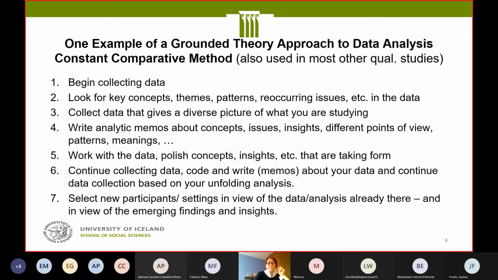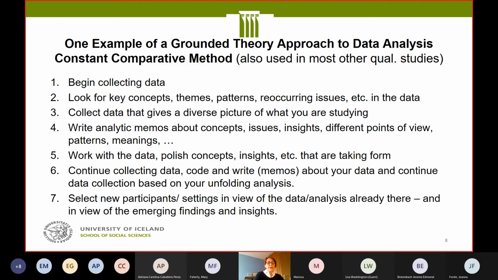And you write analytic memos about these: the concept issues, the insights, the different points of view, the conflicting ways people talk about things, the patterns and what meanings people attach to what they do.